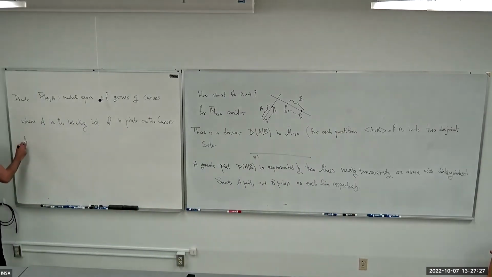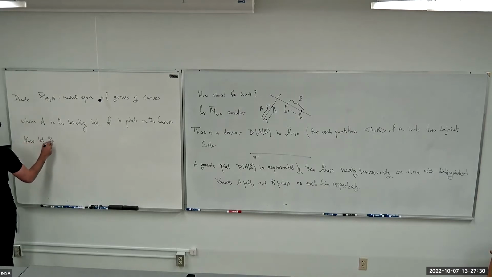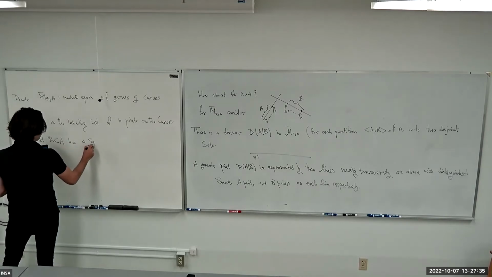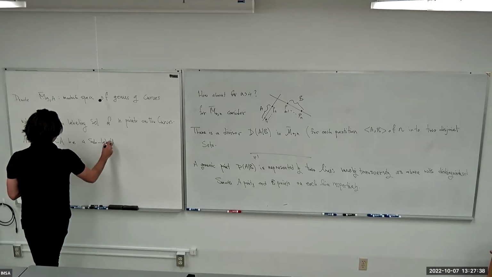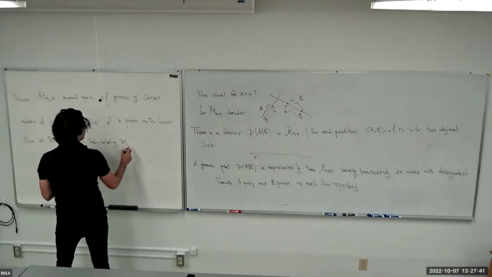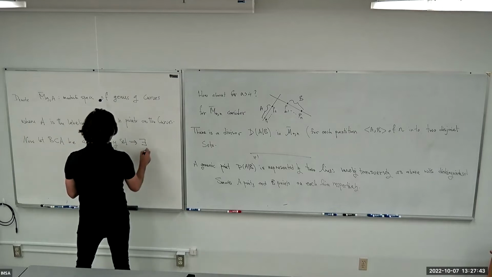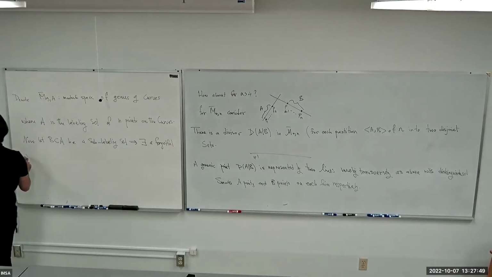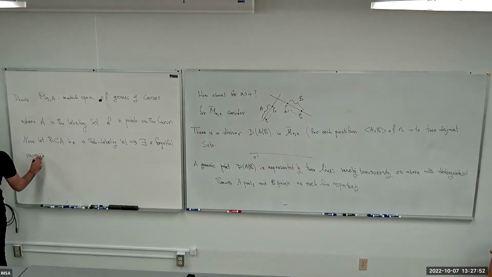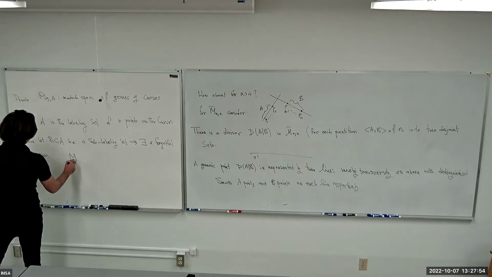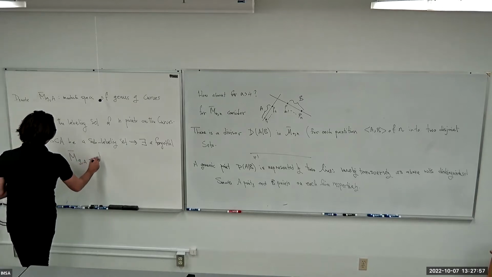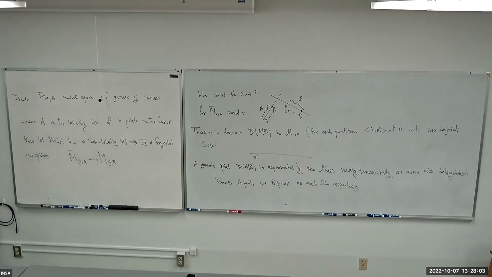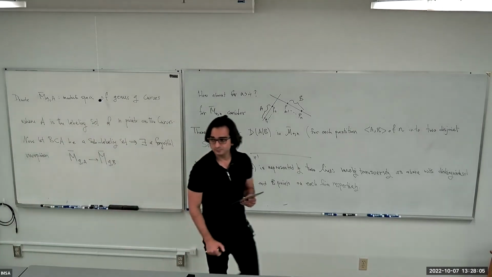And now let B in A, a subset, be a sublabeling set. Then there exists a forgetful morphism, which takes you from M bar GA to M bar GB by forgetting whatever number of points are not in B. Okay?